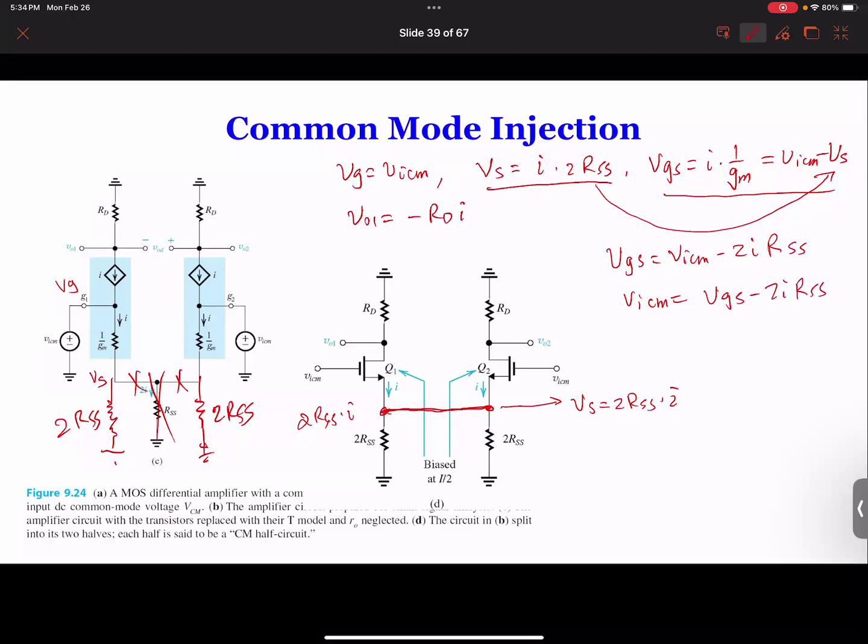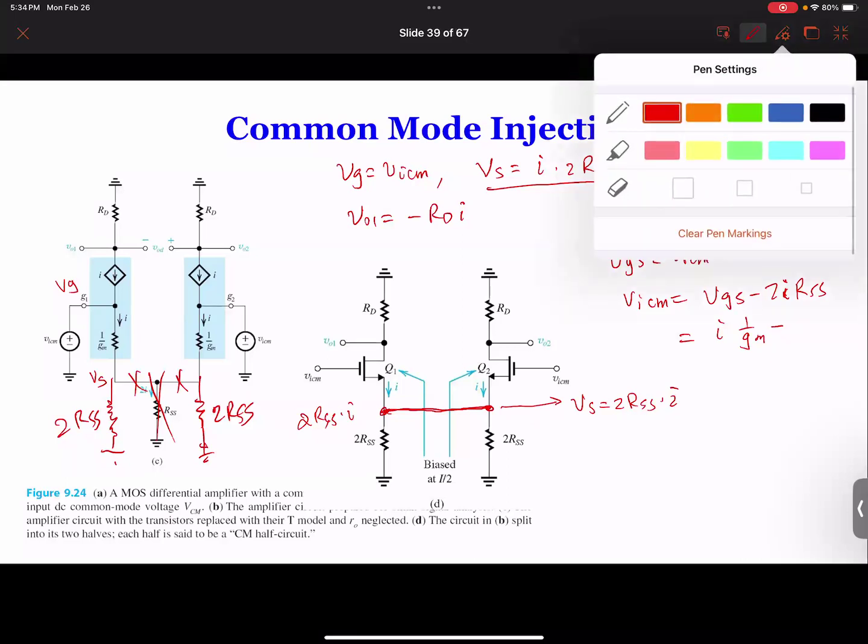And then we can plug in this one. VGS is equal to, where's VGS? VGS is also I over GM. So minus, oh no, I'm sorry, I made a mistake.